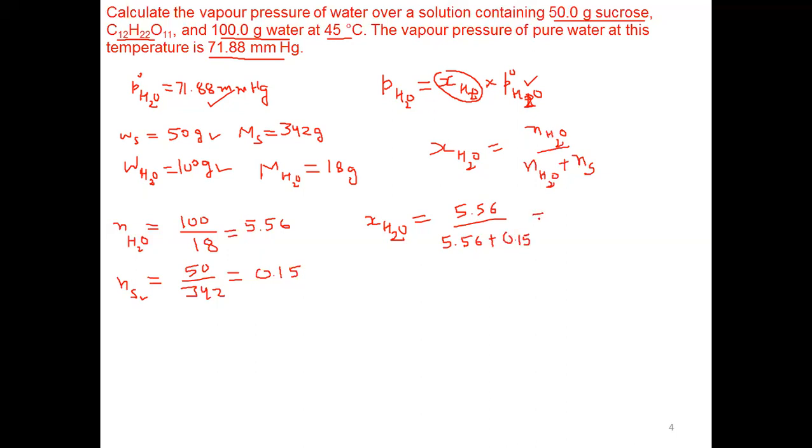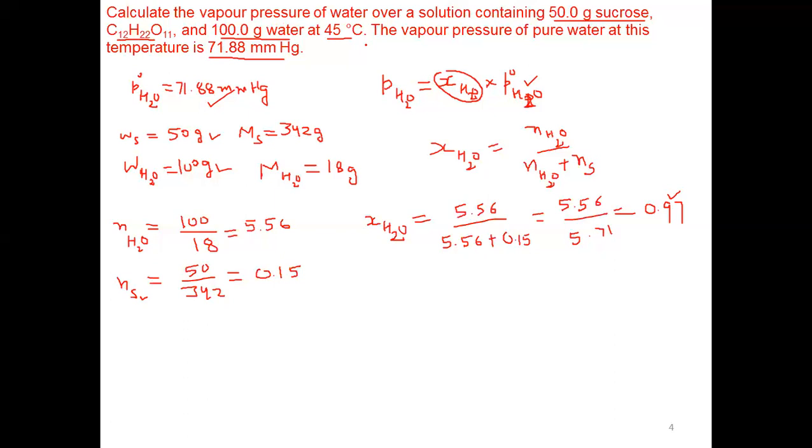So we can write it as 5.56 divided by 5.71, if we add it. If we solve it, it will be something like 0.97. This is the mole fraction of water in the solution.